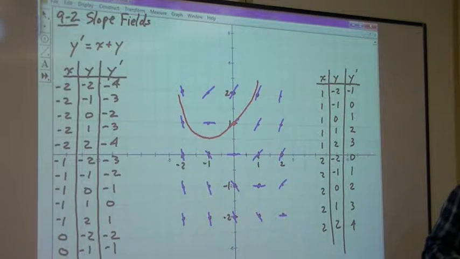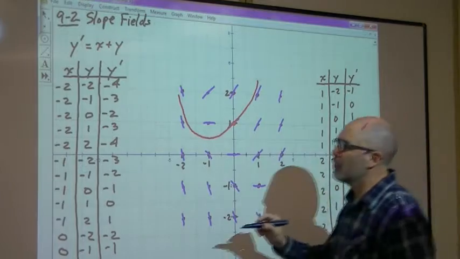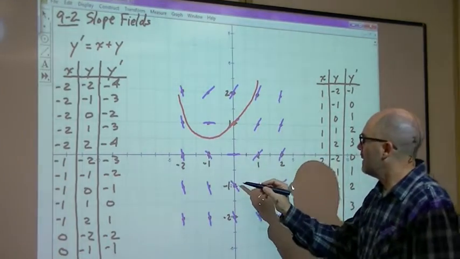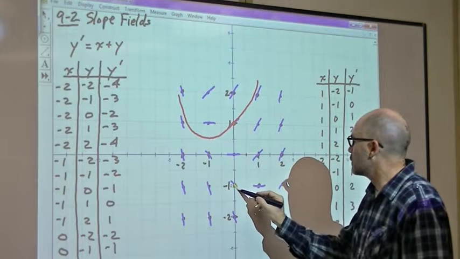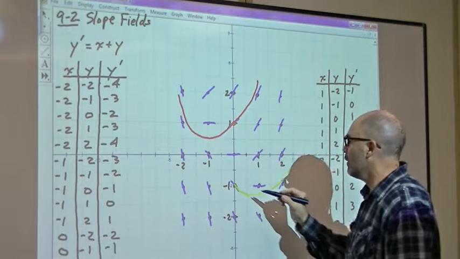Now, if I were to draw a curve starting at 0, negative 1, this time it's going down this direction. It levels off, and then it gets steeper here.